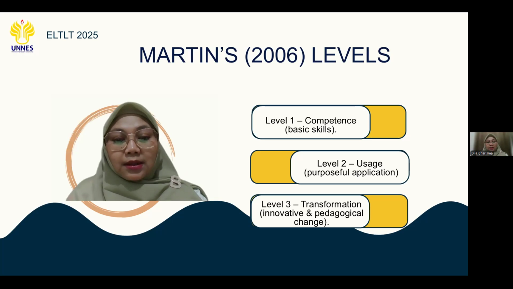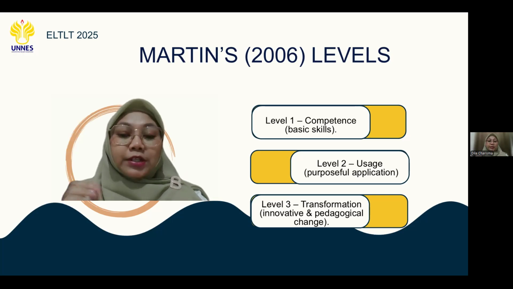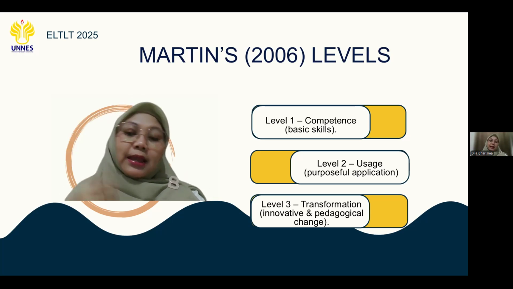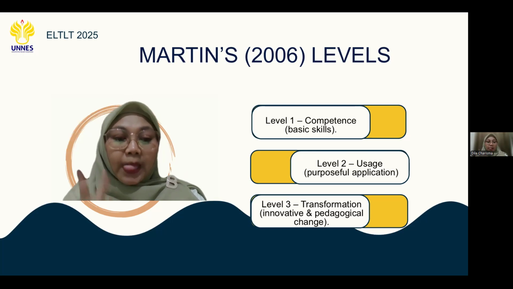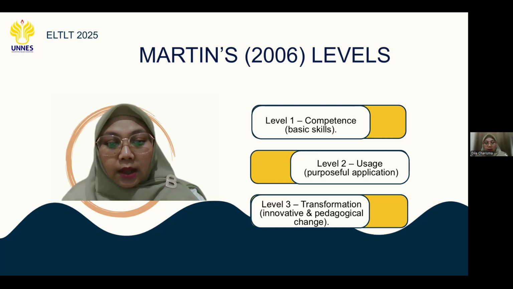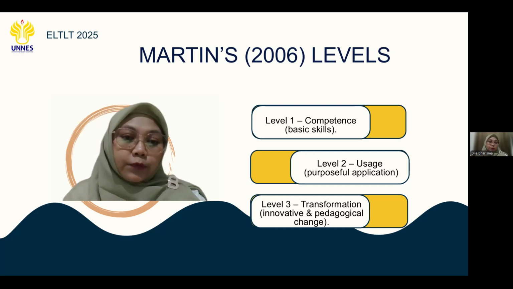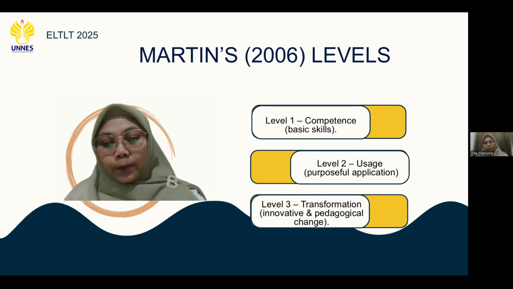Level 1, competence, refers to basic technical skills such as operating devices and navigating simple applications. Level 2, usage, involves applying these skills in purposeful contexts. For example, using digital platforms for academic assignments or communication.